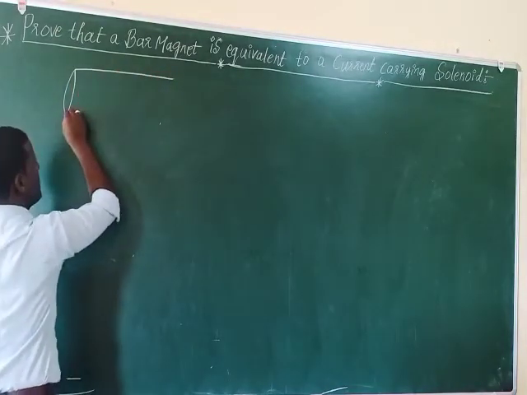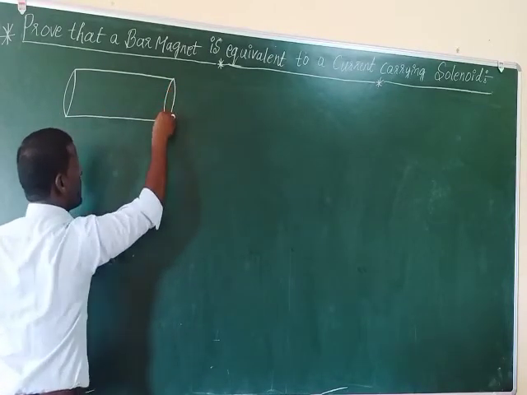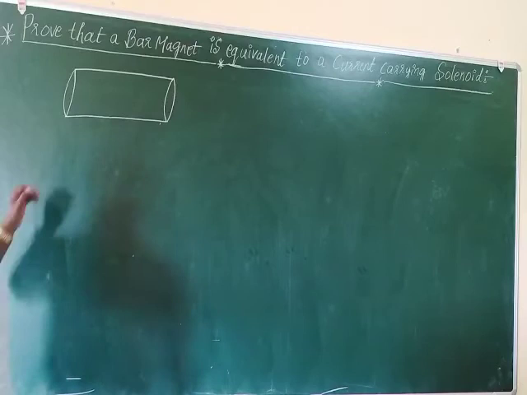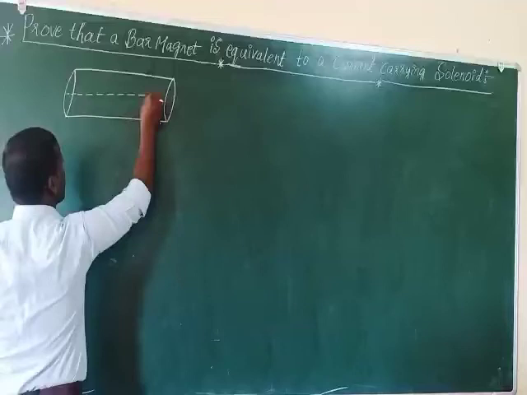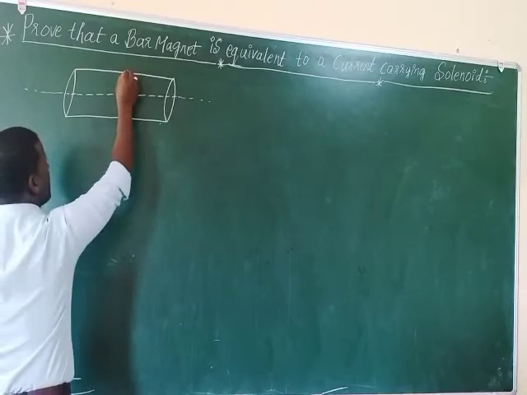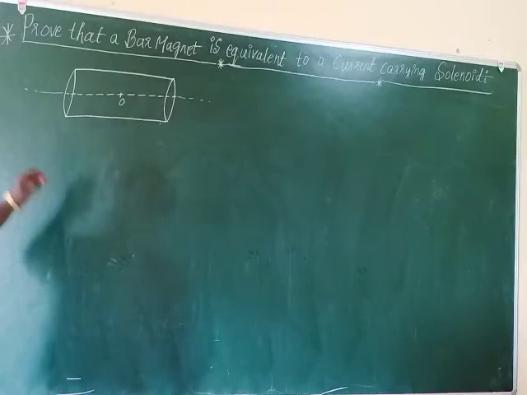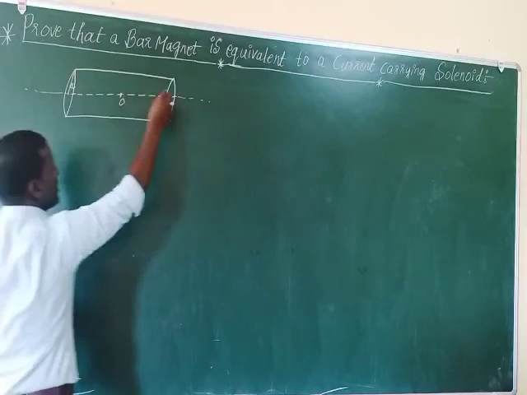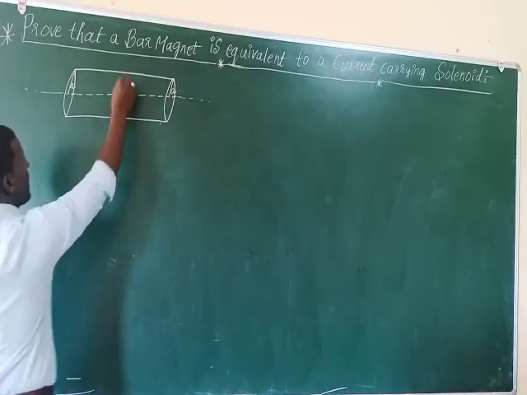Consider a solenoid having a number of turns. First of all, this is the axis of the solenoid, and this is the center of the solenoid. O is the center of the solenoid, and small a is the radius of the solenoid.